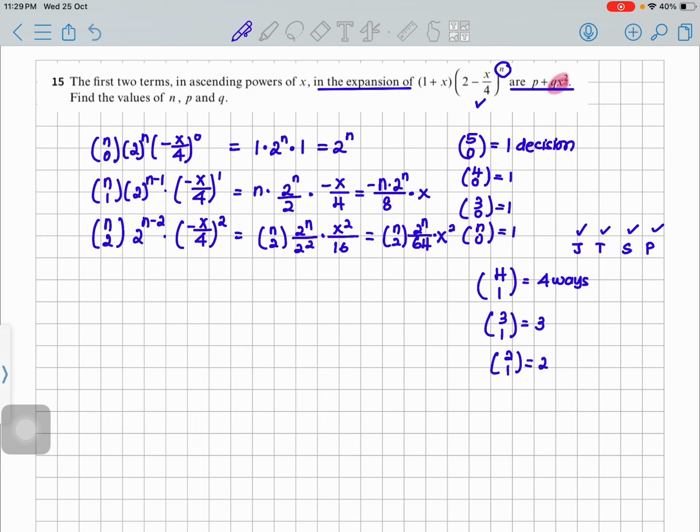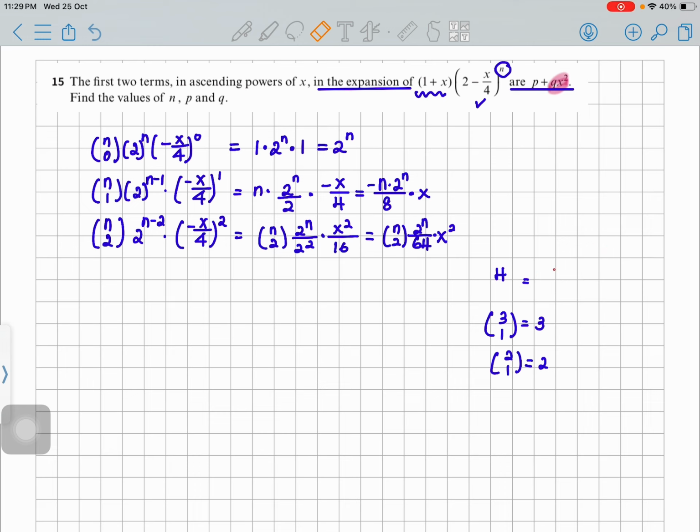Okay, now let's erase all the unwanted. Now what should I be doing next? I have 1 plus x in the question which I haven't considered yet. Then only I can equate to whatever terms are given in the question, which is the p and the qx squared. So what can we do? Let's write 1 plus x, and then I have 2 power n.